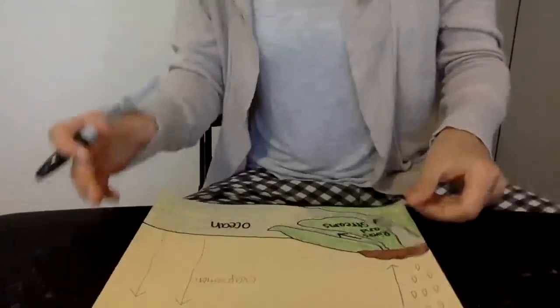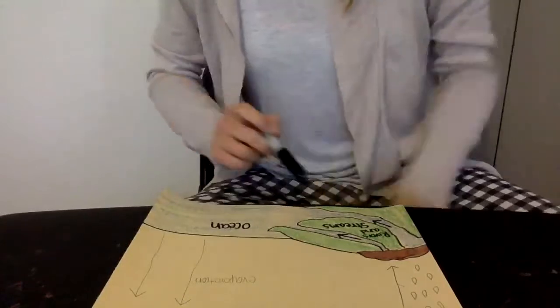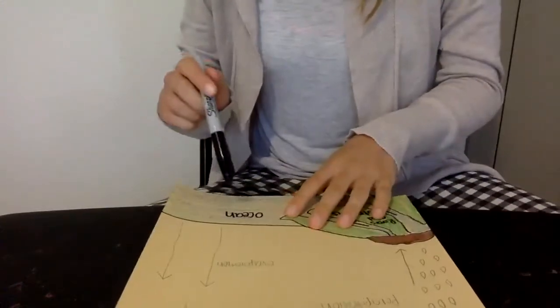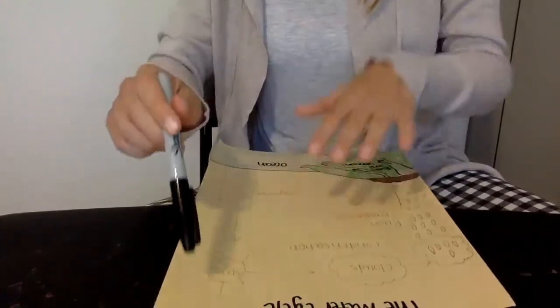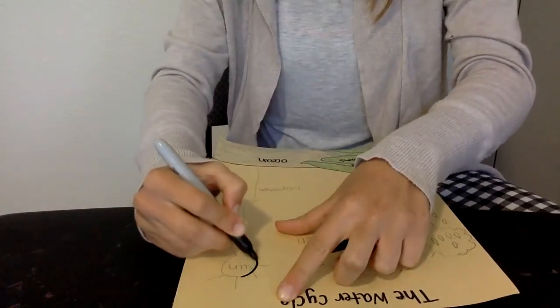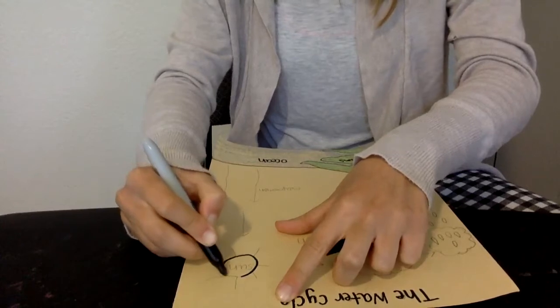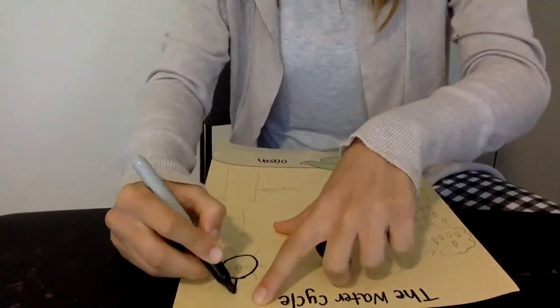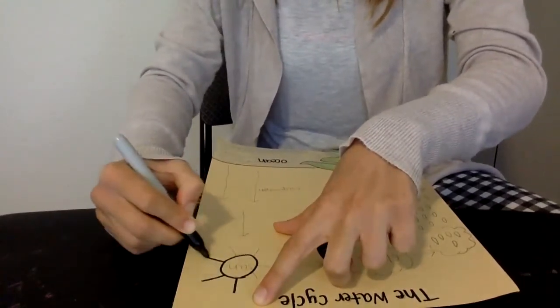So next, what we need to do is, Ms. Navarro needs to find her Sharpie, is we need to look at the next step of the water cycle. So we have here that we have the ocean, rivers, and streams. So we know that the sun, which is going to be up here in the corner, really heats up that ocean. So I would like you to draw a sun in the corner of your paper.